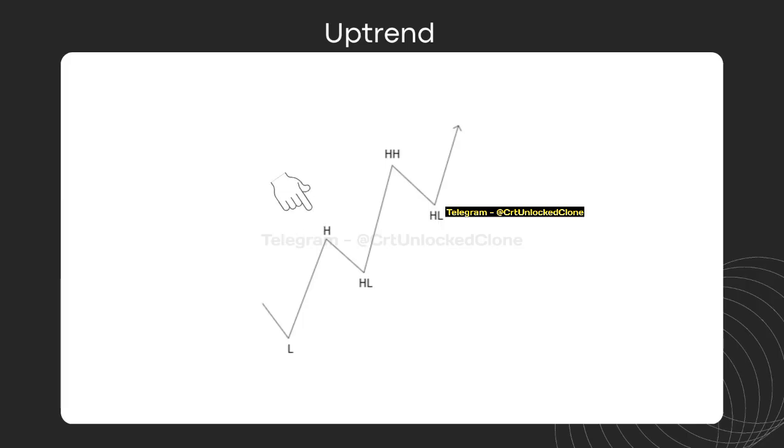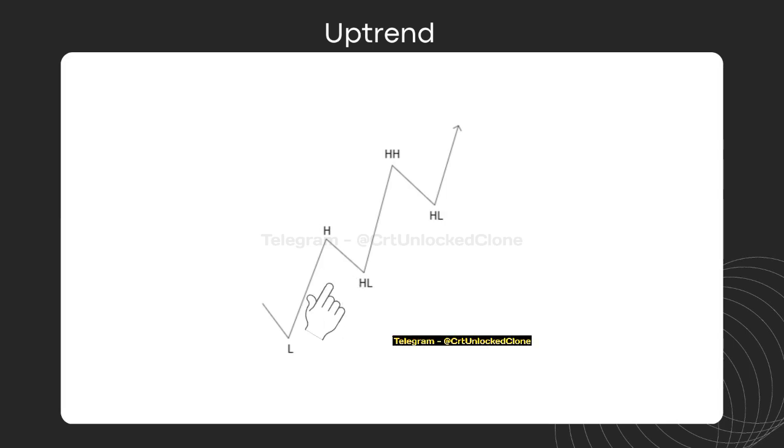Now that price has made a high, it has to first retrace back before it moves higher again. So when it forms this retracement and then ends it, that retracement forms a higher low, meaning a low that is higher than the previous low, as you can see. That is how we define a bullish market structure in an uptrend.